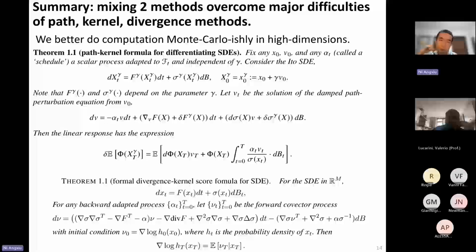And I showed you two particular examples of combining two of the basic strategies: the path kernel method for the linear response of SDEs, and the divergence kernel method for the scores of SDEs. Because these two results combine two separate methods, they can overcome the shortcomings of each method, and they can solve some problems which previous methods couldn't.